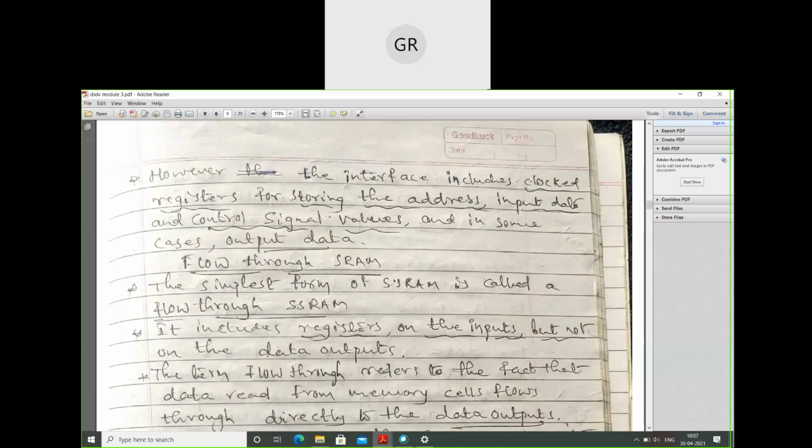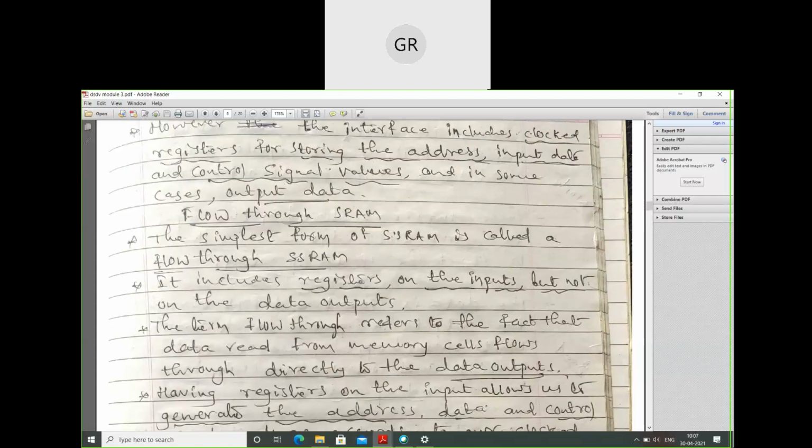Here we are discussing the different types of SSRAM. Why is it called synchronous? It is a clock based device. That's why we call it synchronous.